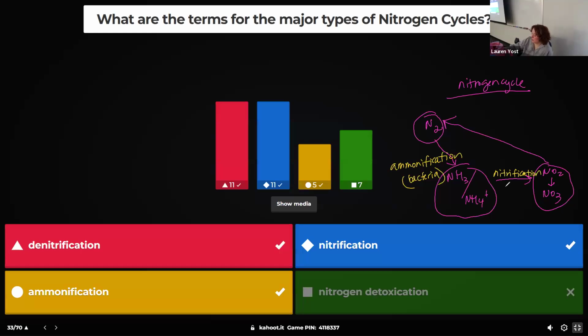This can be done by some types of bacteria, and some plants can do this. Most plants can use nitrate and then convert it into amino acids, nucleic acids and stuff that can be used by the cell after that. So most plants can use nitrates there. And then conversion of the nitrate back into nitrogen gas, again, done by bacteria, is called denitrification.